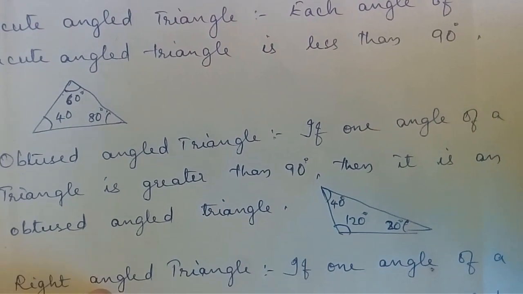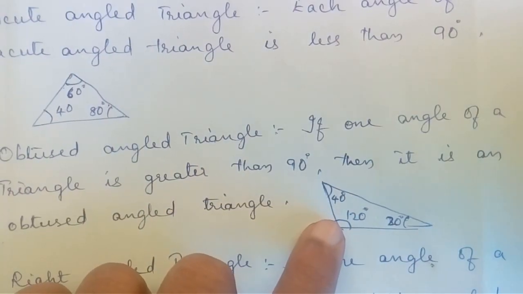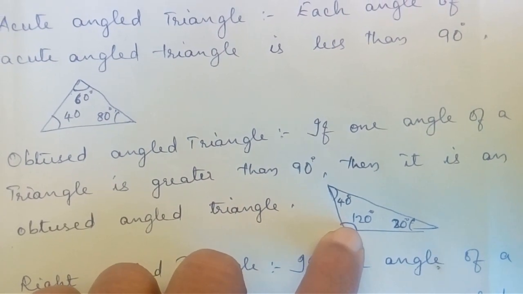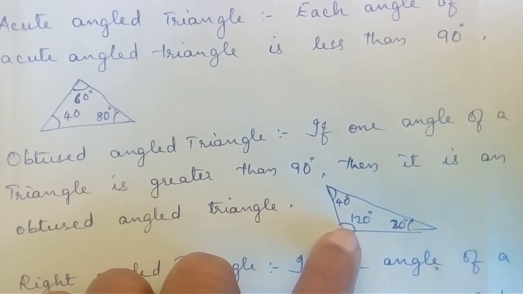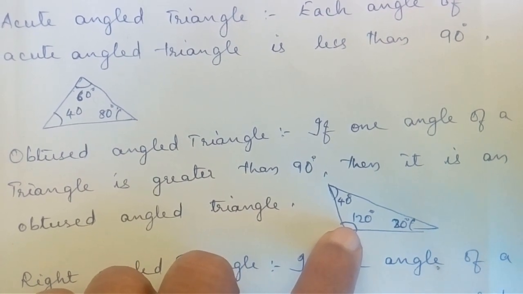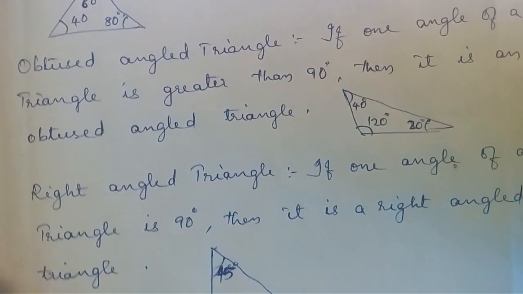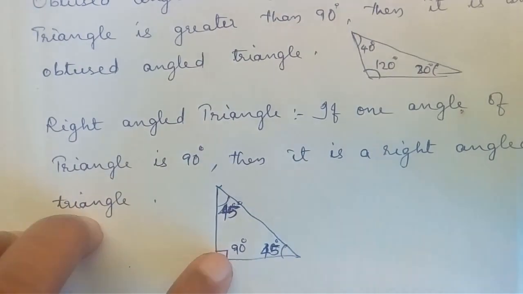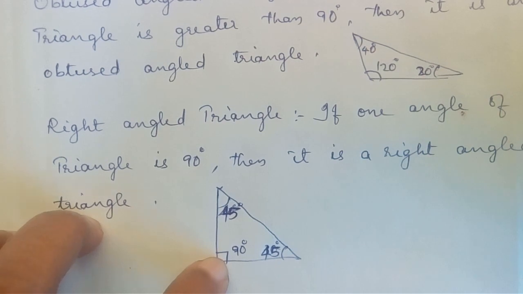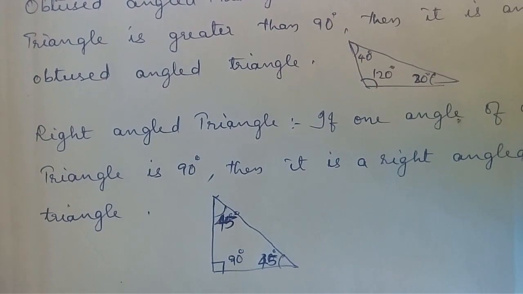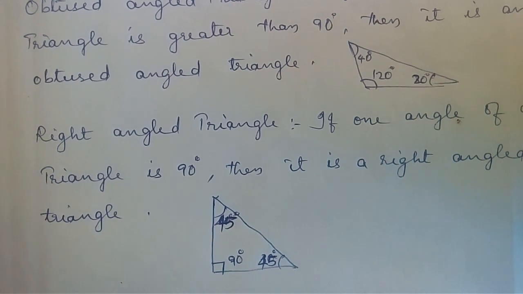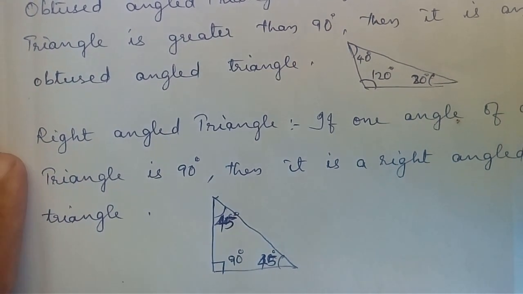Then obtuse angled triangle, in that any one angle will be greater than 90 degree. Then right angled triangle, any one angle is equal to 90 degree, then it is right angled triangle. We can say these are the revision of the previous things we studied.